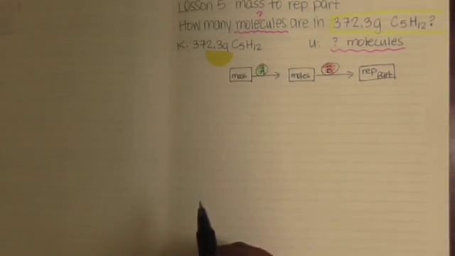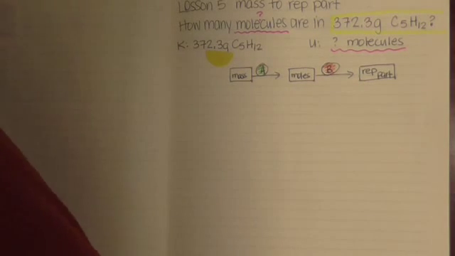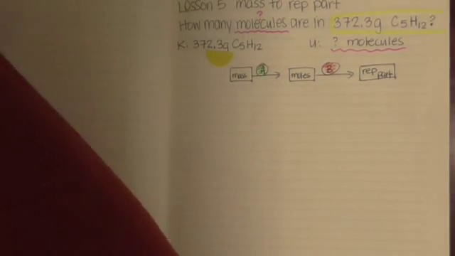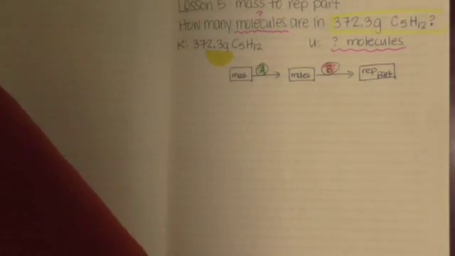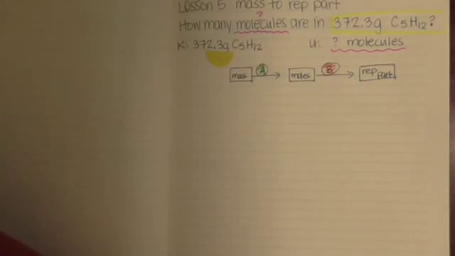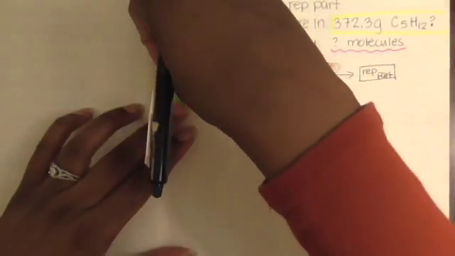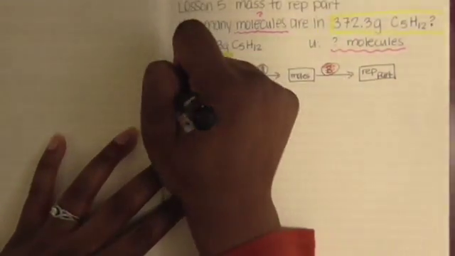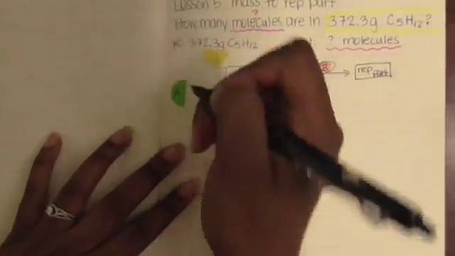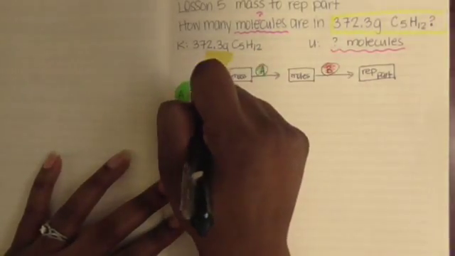So we can see that the first conversion factor we're going to need is going to be conversion factor A. Conversion factor A always has that same format.